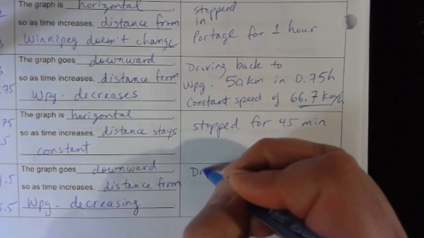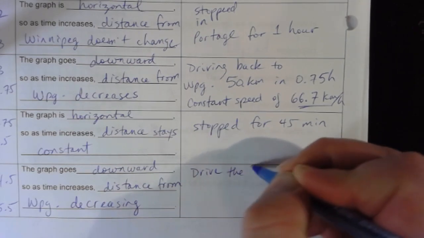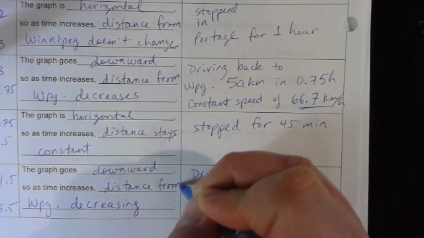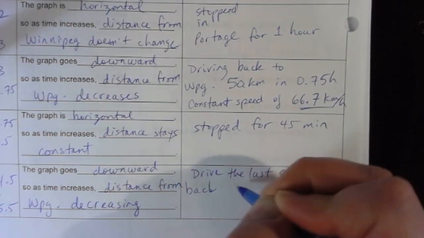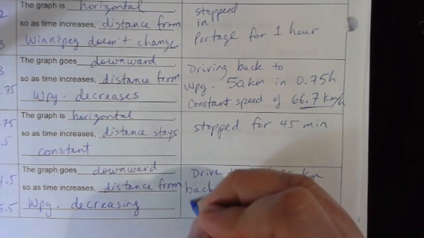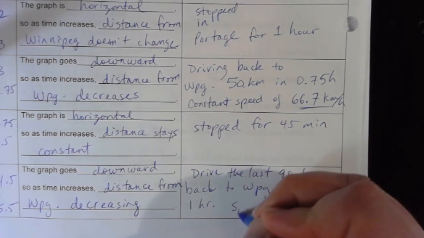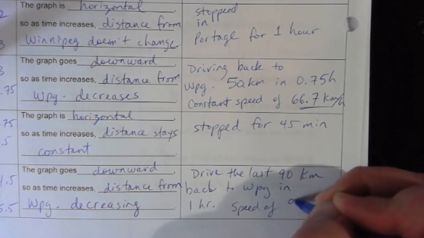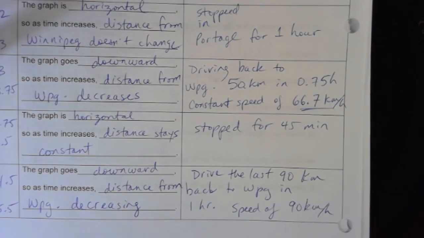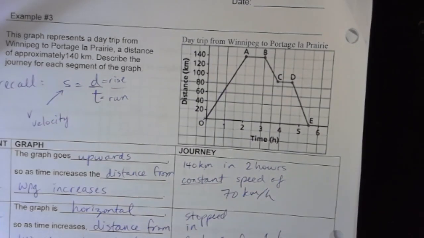And so this is drive the last 90 kilometers back to Winnipeg in 1 hour. So that would be a speed of 90 kilometers per hour. All right, so that's how we interpret graphs like that.